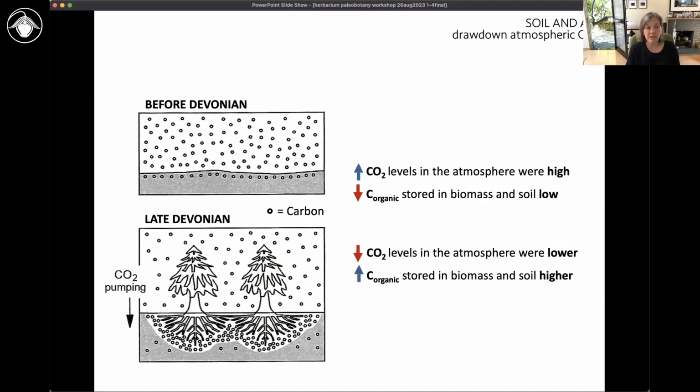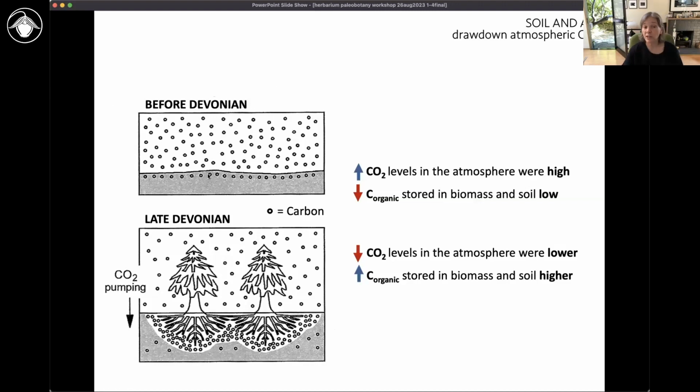So this is a very simple diagram, but I still always love it because it just makes things relatively clear. If these little tiny dots that you see in a diagram represent the situation before plants moved onto land, before the Devonian, you have a lot of CO2 or carbon in the atmosphere.